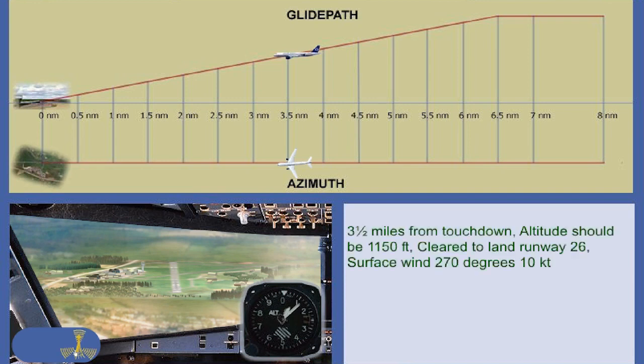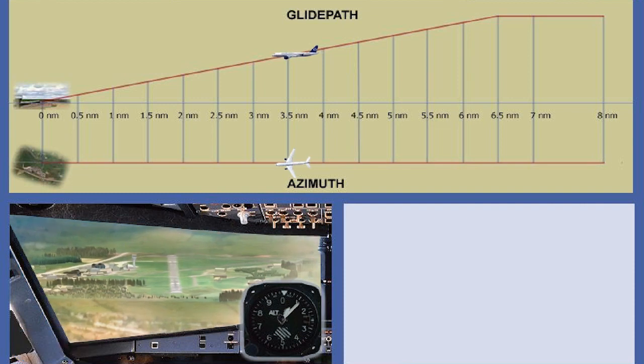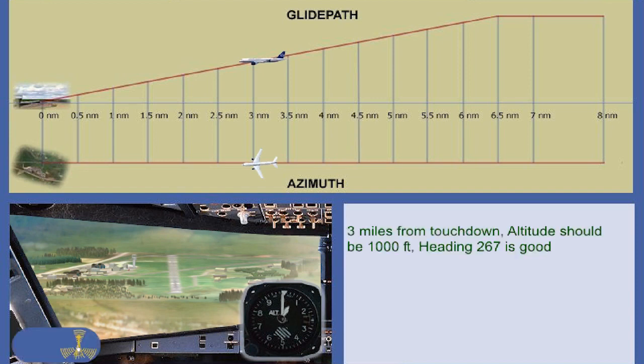Three and a half miles from touchdown, altitude should be 1,150 feet. Clear to land, runway 26. Surface wind 270 degrees, 10 knots. Three miles from touchdown, altitude should be 1,000 feet.